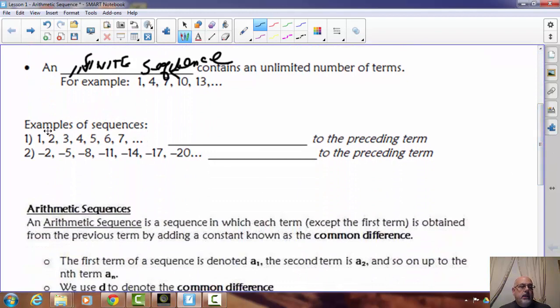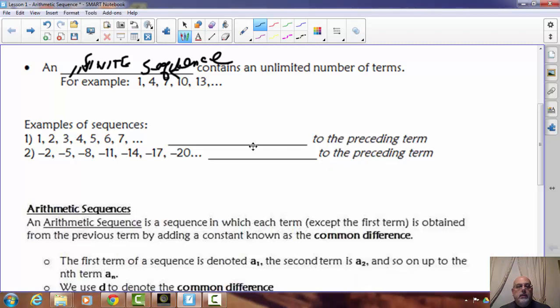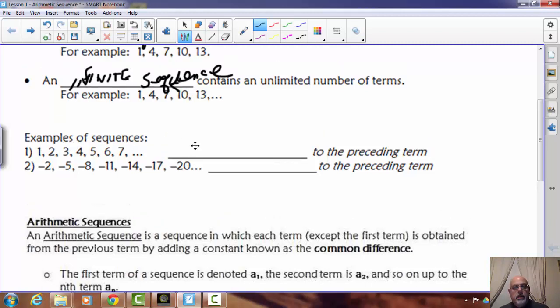So let's take a look at some sequences here. Here's an example of one. In order to determine how this sequence is changing, you've got to look at how you get from 1 to 2 to 3 to 4. The way you do that is you take the previous term and you add 1. That's how you get to the next term. Now let's take a look at this next sequence.